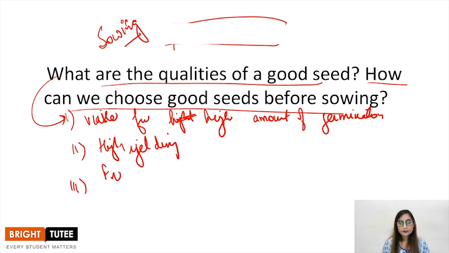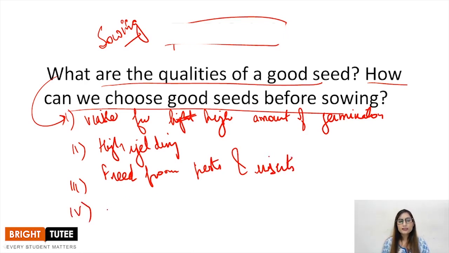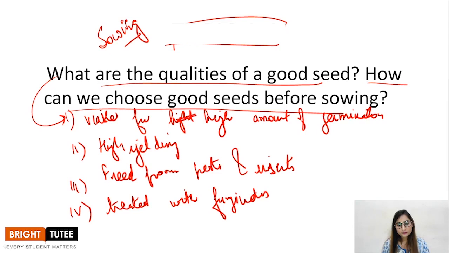Thirdly, free from pests and insects. Fourthly, they must be treated with fungicides before sowing. Right?